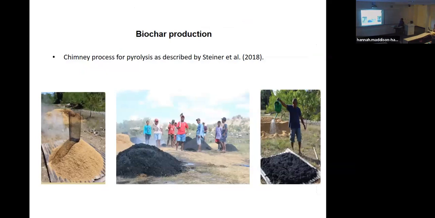And this is the biochar production. In this experiment, we use rice husk to produce biochar for this study. The system used for the pyrolysis of the biochar is just a simple method, very cheap and affordable for local farmers to use.